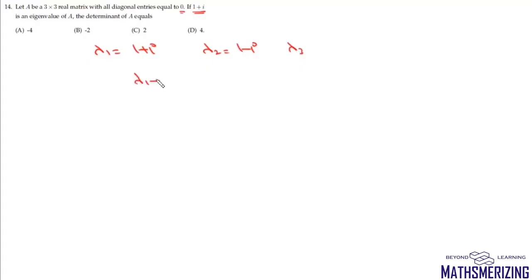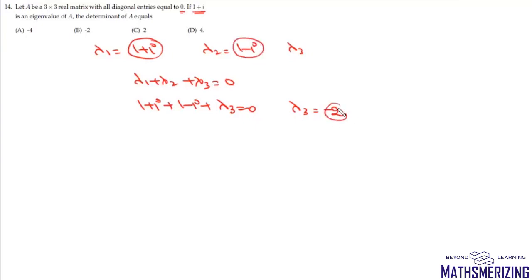Now we know that lambda 1 plus lambda 2 plus lambda 3 is equal to the trace of this matrix. Now all diagonal entries are 0, so trace is 0. So we'll put 1 plus iota plus 1 minus iota plus lambda 3 as 0. We'll get the value of lambda 3 as simply minus 2. So the three eigenvalues are 1 plus iota, 1 minus iota and minus 2.